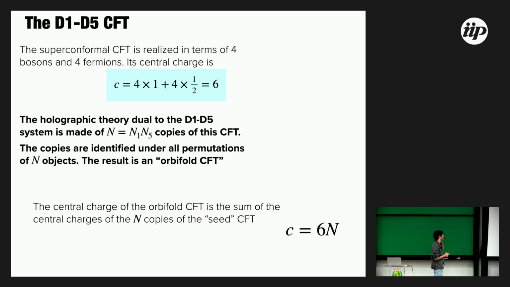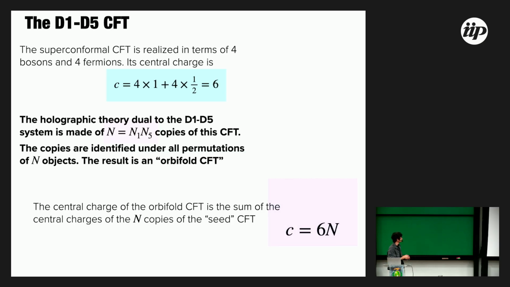But the actual holographic description is given by something called an orbifold. You have to take this CFT with that algebra that I showed, and make N copies of it. N is the product of N1 times N5. So it's a large number of copies, and you identify them under permutations.